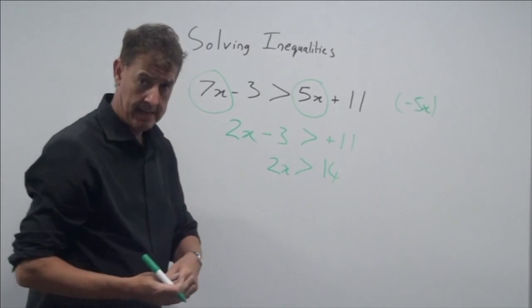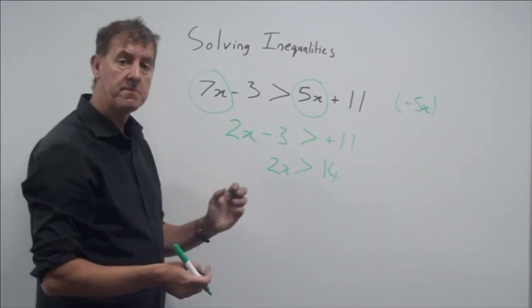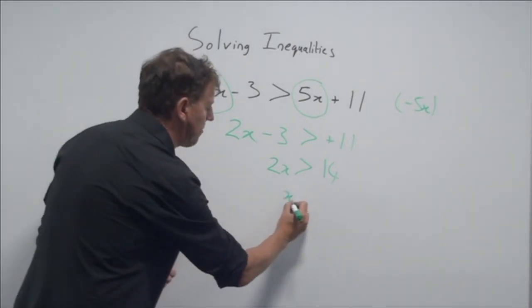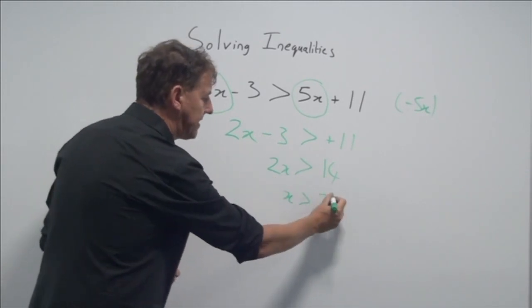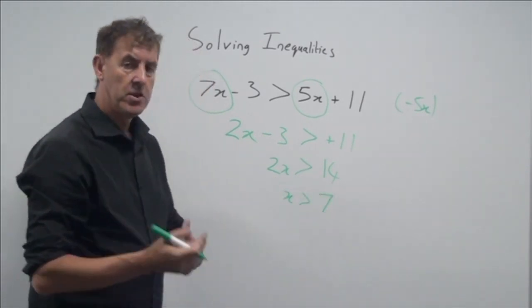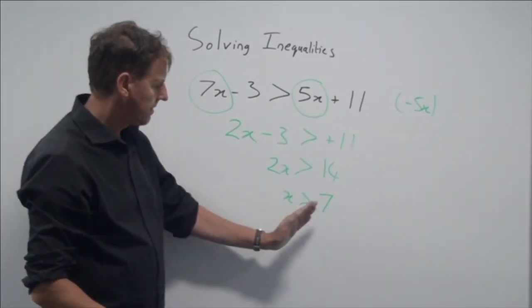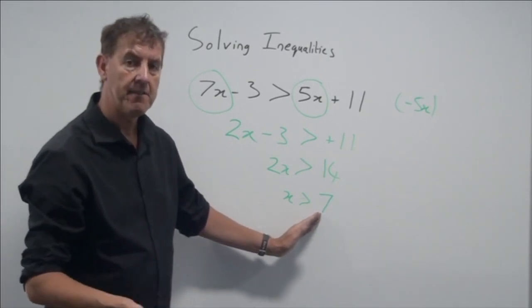And finally, to get rid of that times by 2, I do the opposite to timesing by 2, which is to divide both sides by 2. So when I divide that 14 by 2, the answer is 7. So I've solved a fairly complex inequality. The final answer is x must be greater than 7.